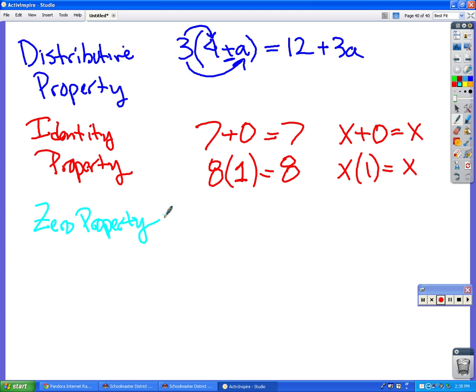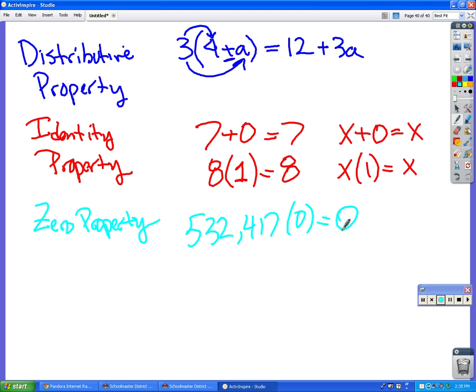Why? Because Mr. Pugh is bald, yes. And as soon as you get a 0 in there somewhere, it doesn't matter how big the number is that you're multiplying by 0. Anytime you multiply any number by 0, what are you going to get as the answer? 0. So that is the zero property of multiplication.